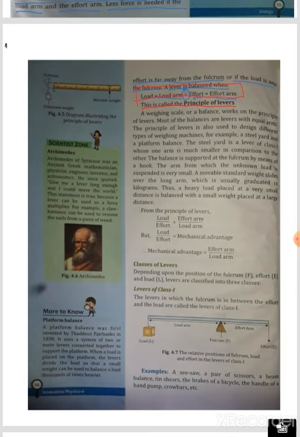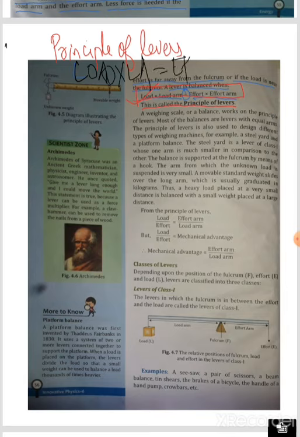According to the principle of levers, load into load arm is equal to effort into effort arm. Very important principle.